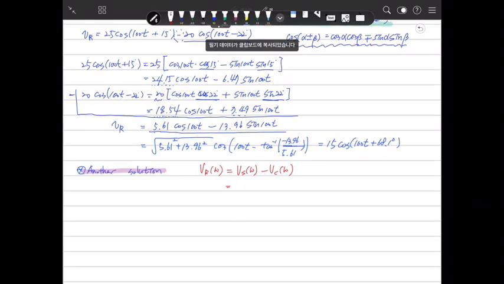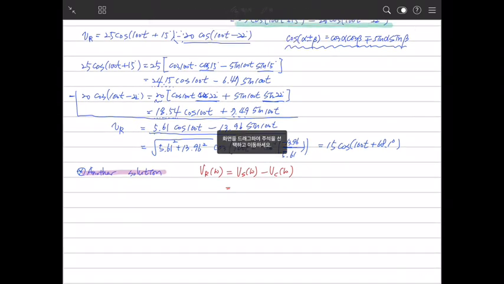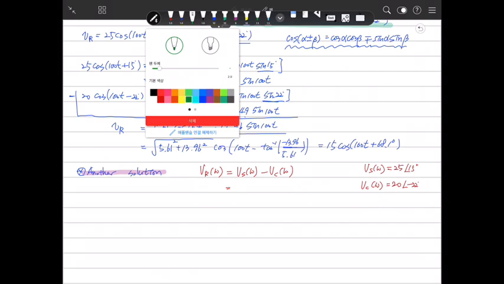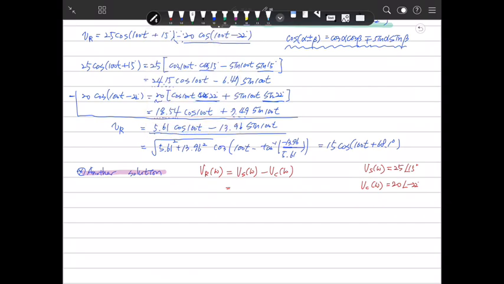So we can use here, so that will be Vs is 25 angle 15 minus 20 angle minus 22 degree. So it could be a little bit complicated. Because this is a kind of subtraction, what is better?